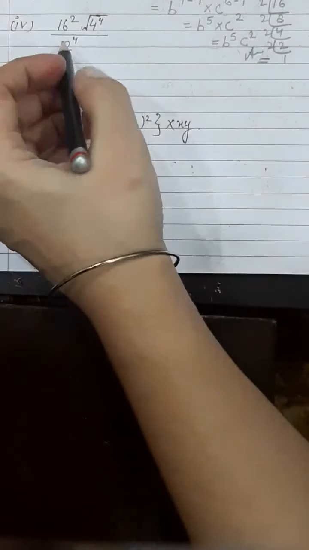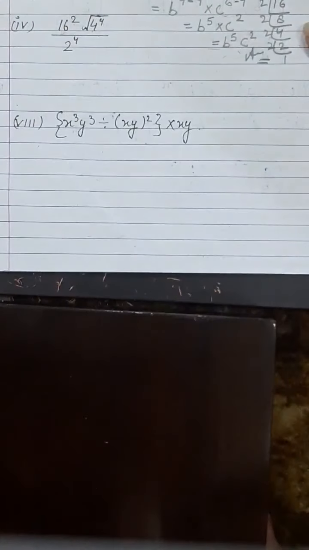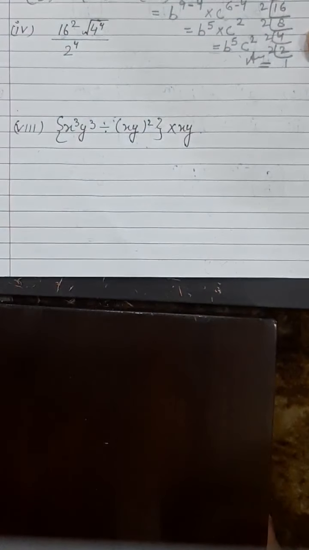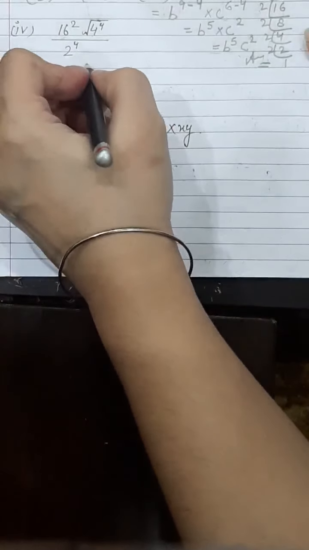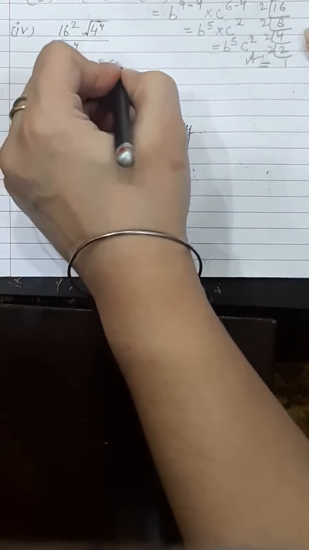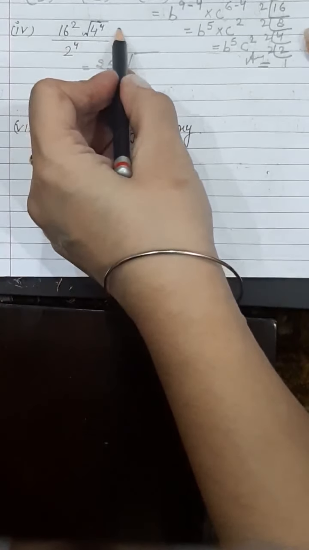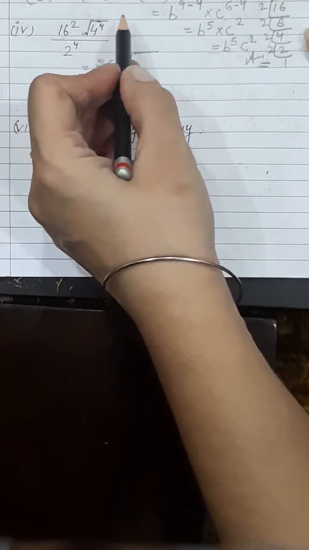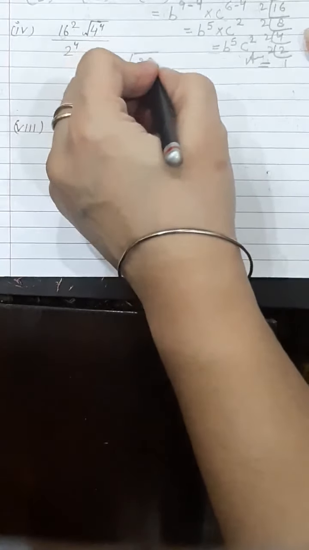Is it clear? Now fourth part, 16 square. What can you write 16 square as? 16 square you can write as 16 into 16, that is 256. Right? Then square root of 4 to the power 4. 4 to the power 4 you can write as 4 4s are 16, 16 4s are 64, 64 4s are 256.